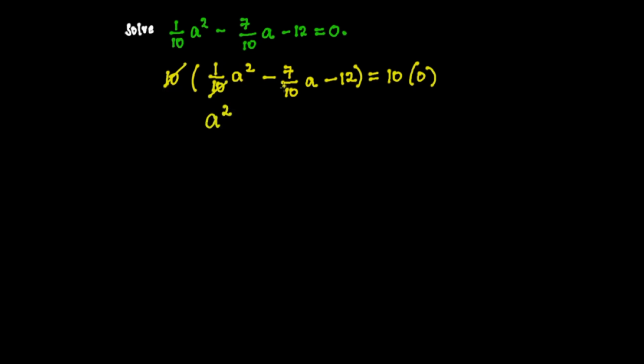The next one is 10. Makakancel din ng 10 dyan sa denominator. Ang matitira ay 7a. At yung 10, at saka yung negative 12 dyan, we will just get the product. So 10 times negative 12 is negative 120. Ayan. And then equals 0. 10 times 0 is 0.